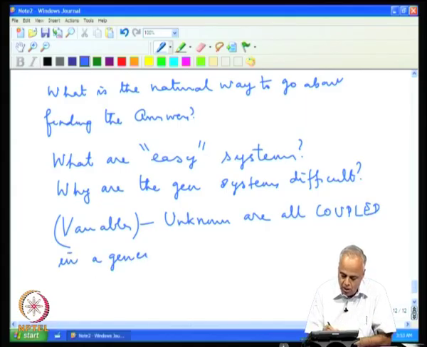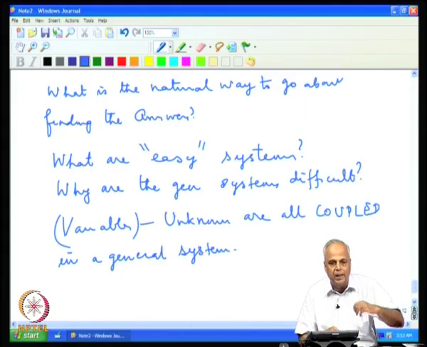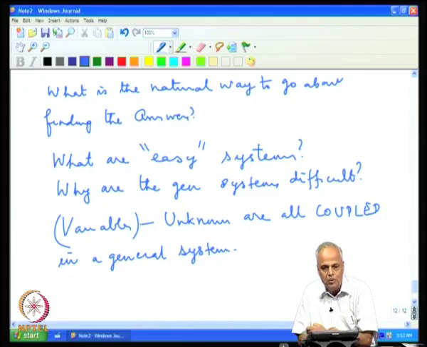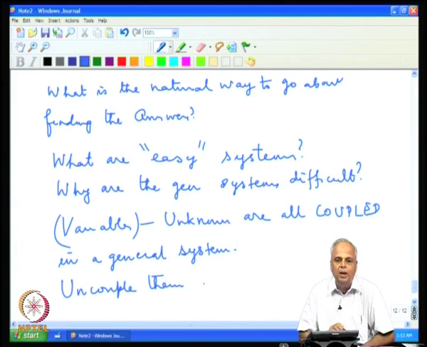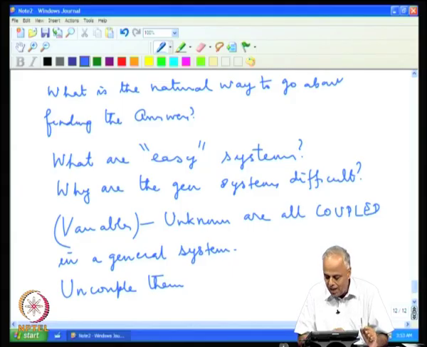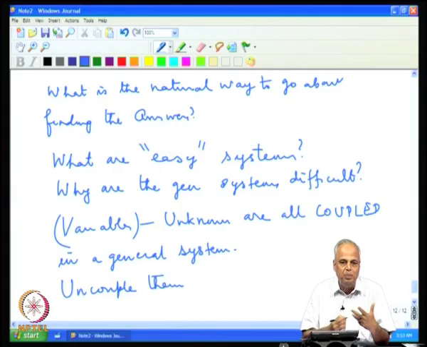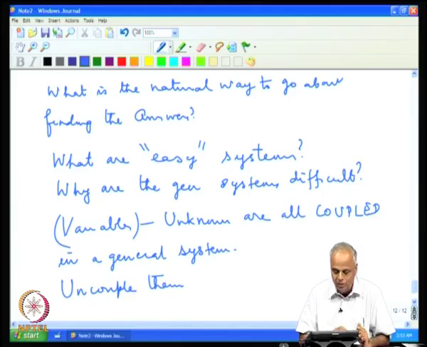What do we mean by solving the system? We want to get x1 separately, x2 separately, x3 separately, x4 separately, and so on. That means we want to uncouple them. That is essentially what is meant by solving a system. We want to uncouple all the variables, and it is this uncoupling process that looks very complicated, because the more the coupling, the more number of variables each one of these equations involves, the more complicated the uncoupling is going to be.